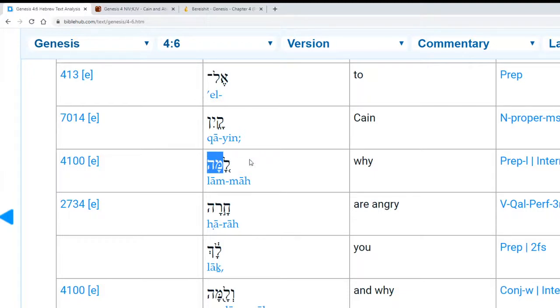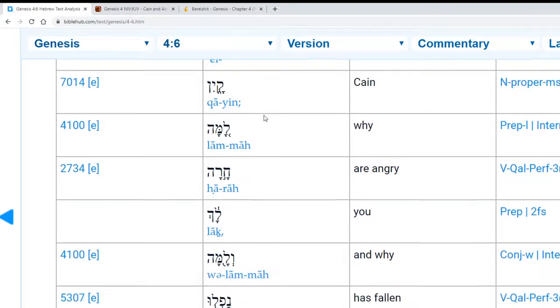So lama, some people will say is just why, whereas others will say that lama comes from lema, why, to what, translating becoming why. However you want to understand the word lama. Lama means why, and ma means what, and le means to. So up to you.